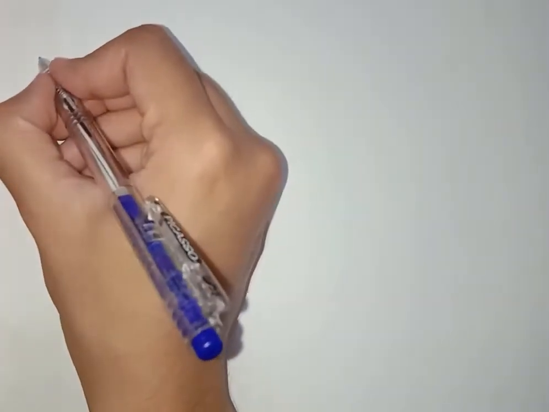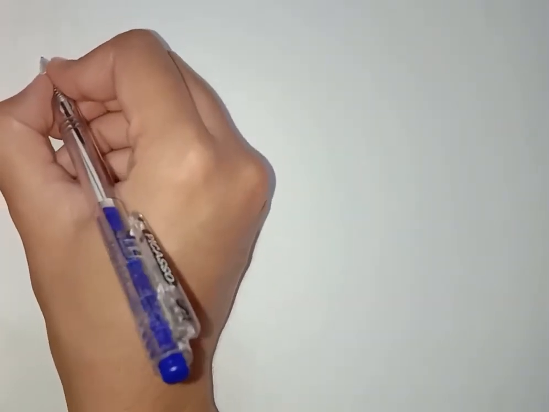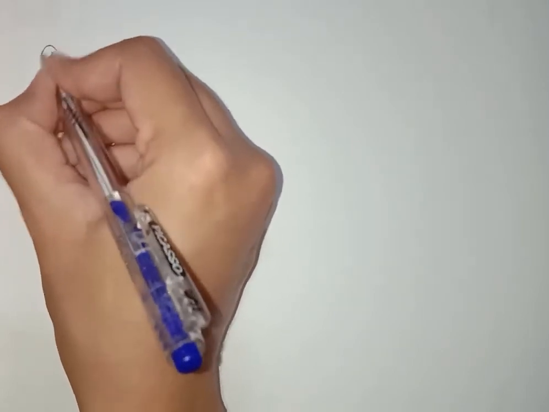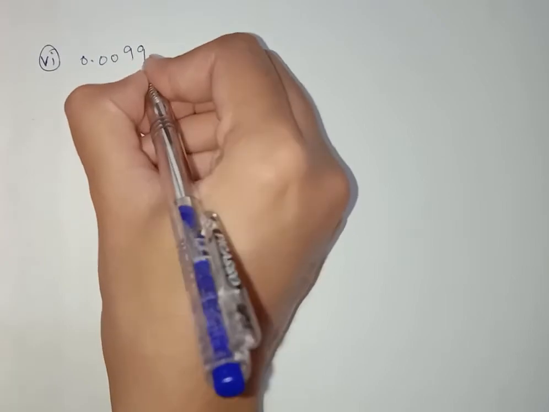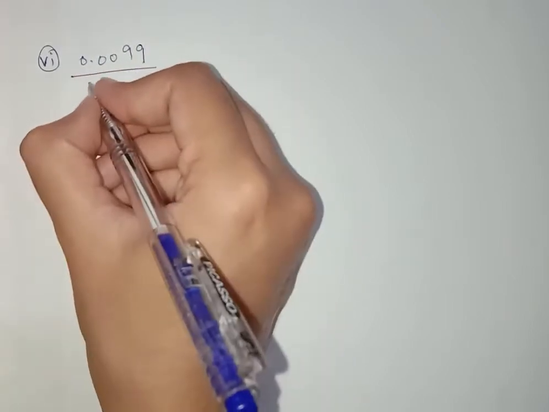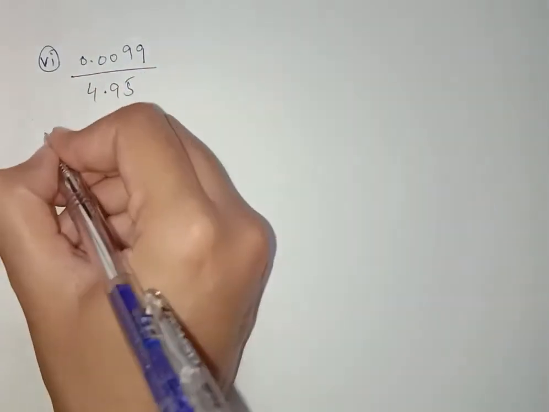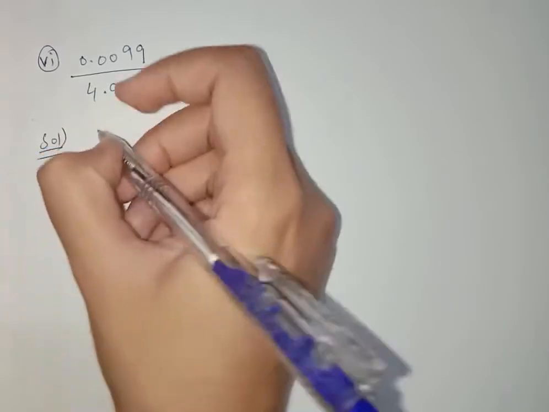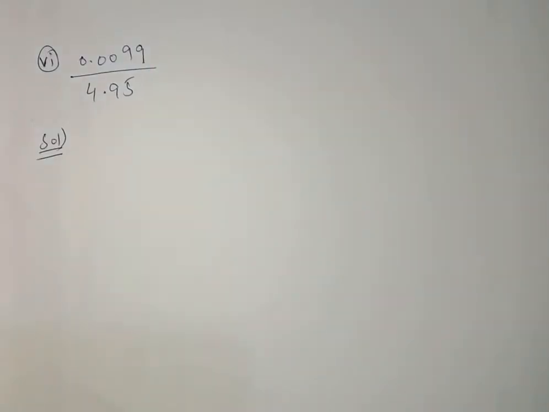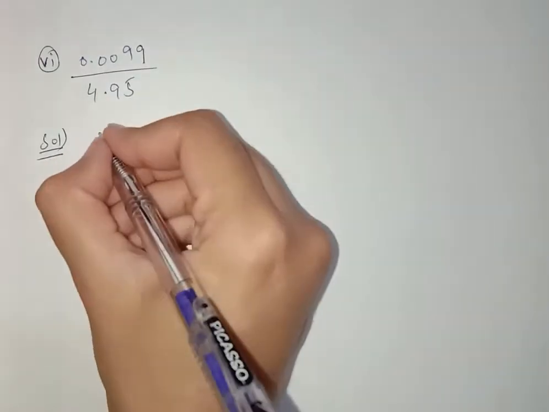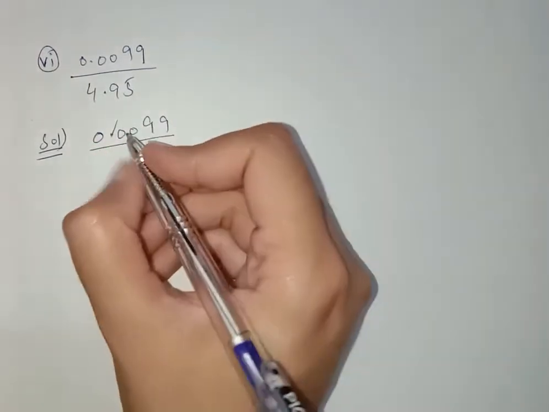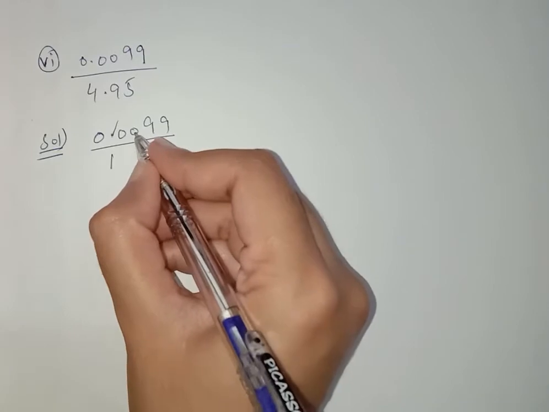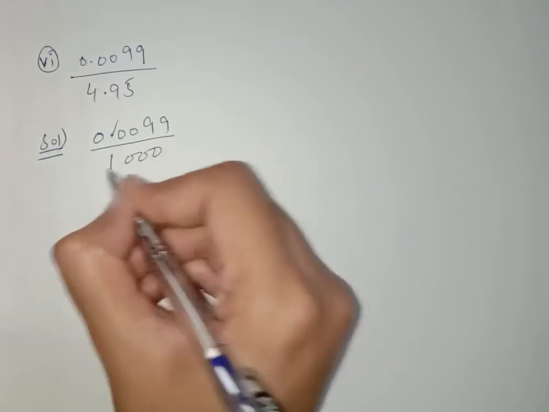So part number 5 is completed. Just as we did in our previous question, 0.0099, point removes, 1 comes in the denominator, 4 digits, so 4 zeros come.